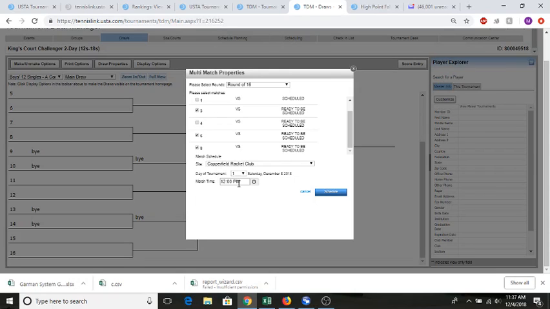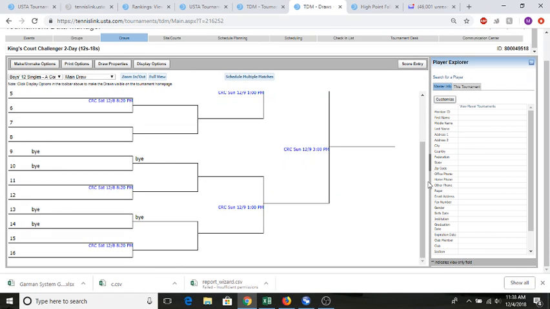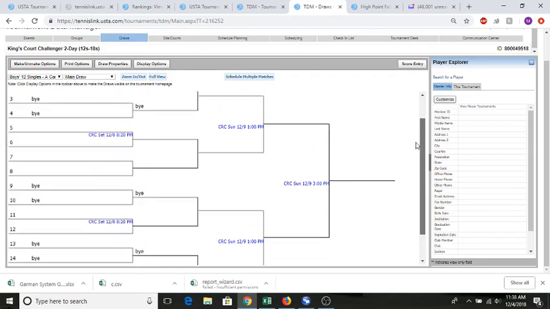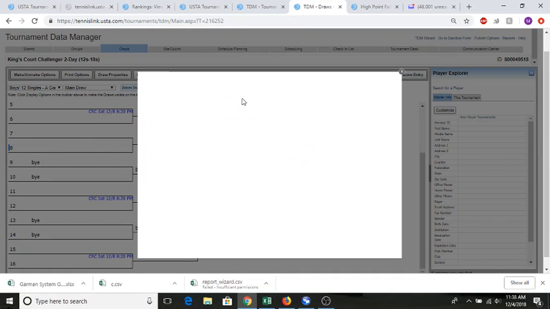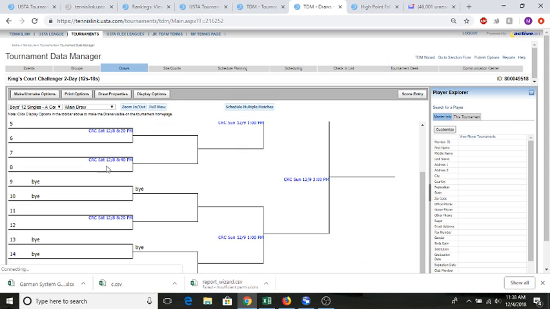Lines 5 and 6. So this is for 8:20. And then I need my 8:40s. Again, this is really late. I would not accept this as good for a tournament. 8:40 will go here. And that's the late consolation schedule.